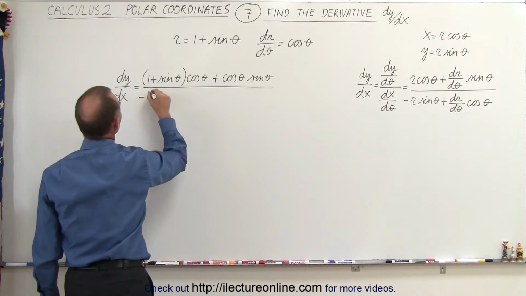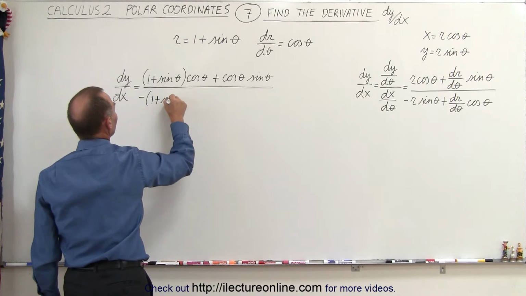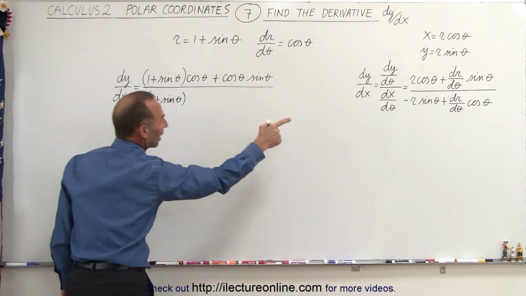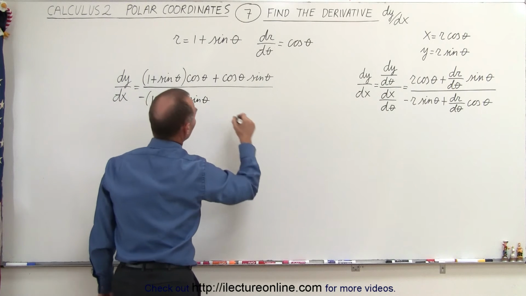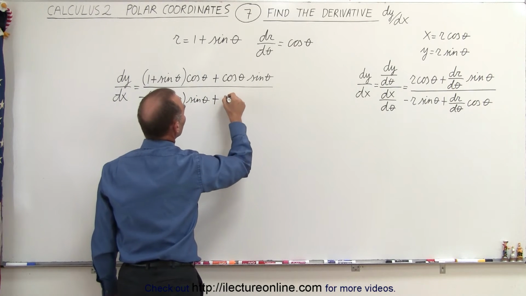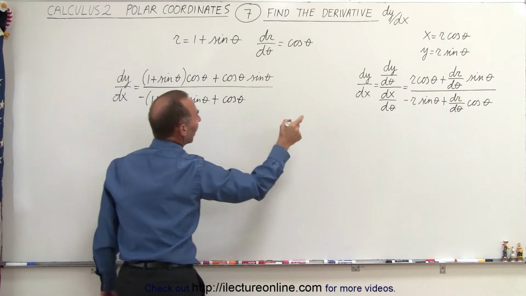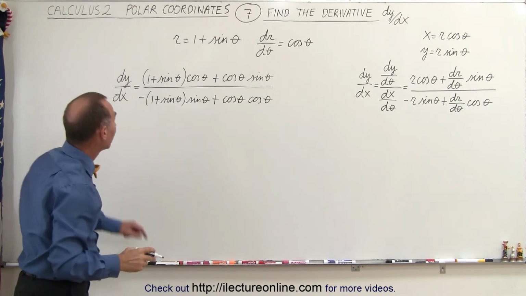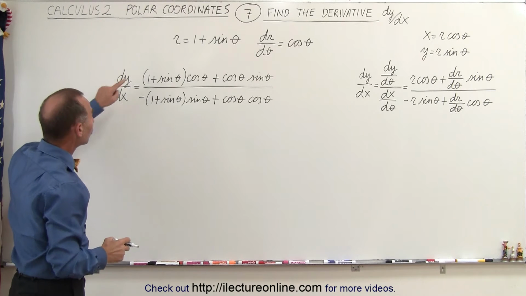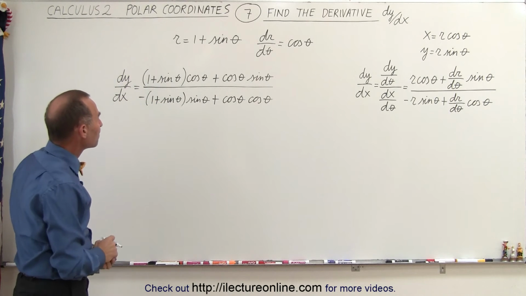So we get minus 1 plus the sine of theta times the sine of theta, and then plus dr d theta, which is the cosine of theta times the cosine of theta. So that would then be the derivative dy dx in terms of the angle theta only.